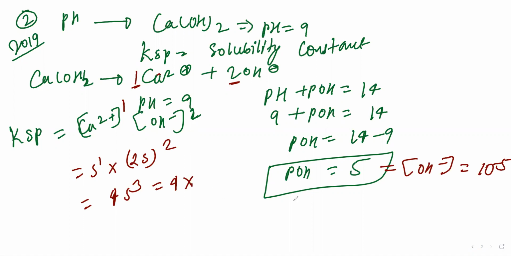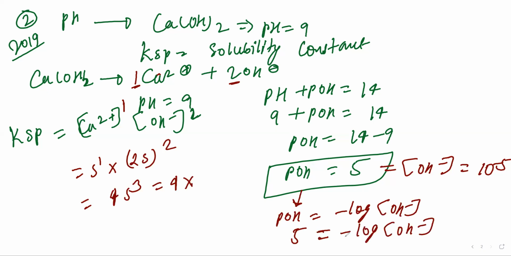Let me explain. pOH is equal to minus log of OH minus concentration. It is 5 here, equal to minus log of 10 raised to minus 5. We take this minus on this side, so it will be minus 5 log of 10, concentration of OH minus. So it will be 10 raised to minus 5 of OH minus concentration.